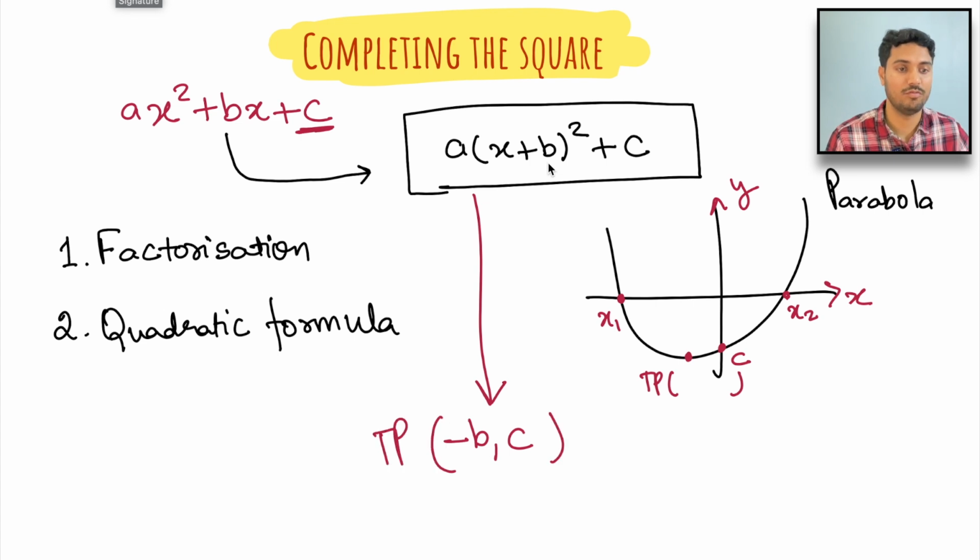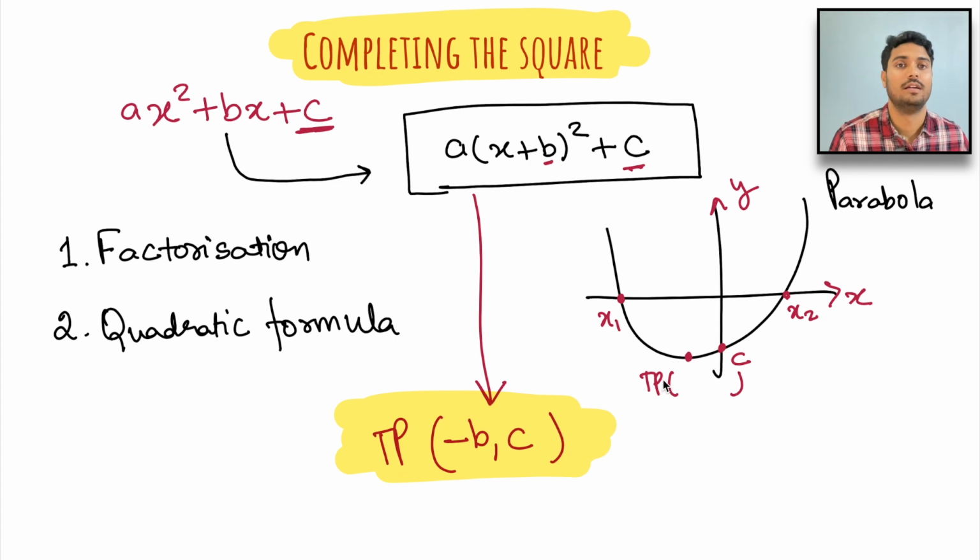So whatever is the value of b here, you put a negative sign to that. So minus b, and this c, you write c as it is. This coordinate is always your turning point in the graph when you plot it.